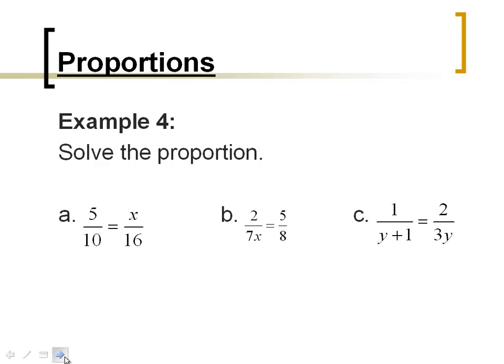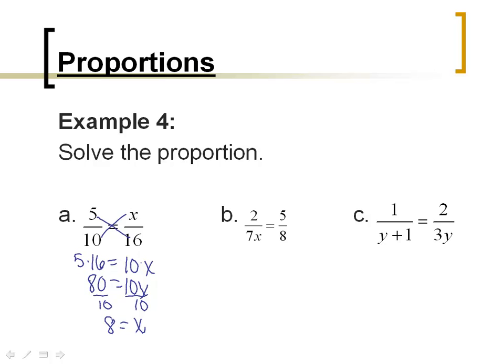So I'm going to multiply across first, 5 times 16 equals, multiply across here, 10 times x. So 5 times 16 is 80, equals 10x. Divide both sides by 10, and x equals 8.